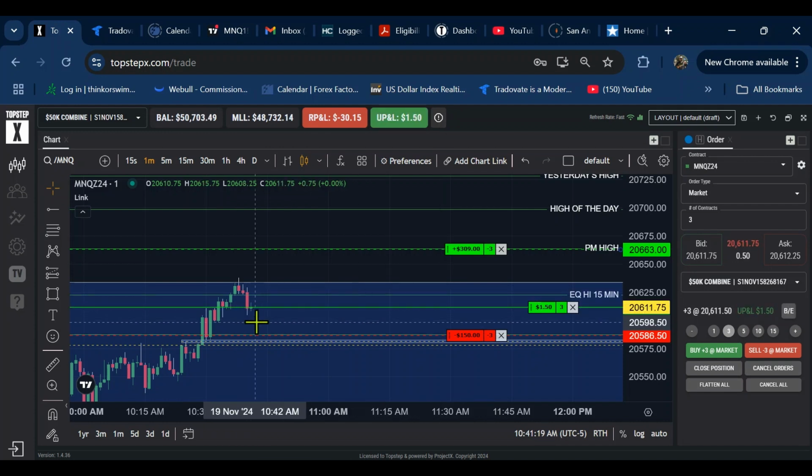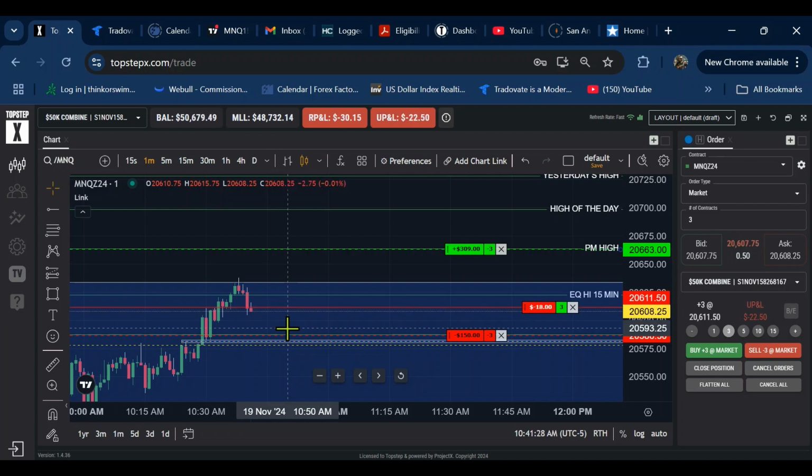Had I not moved my stop there, we would have been okay. But I moved it. Got spanked again.